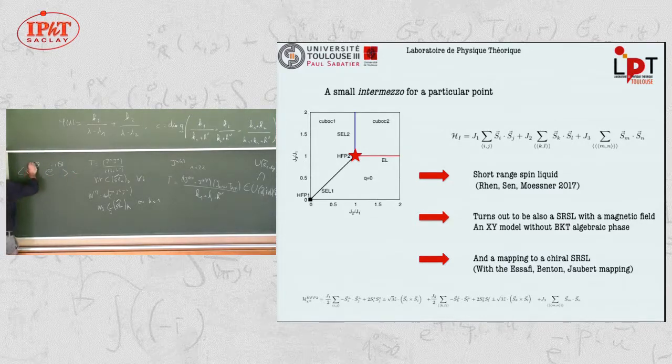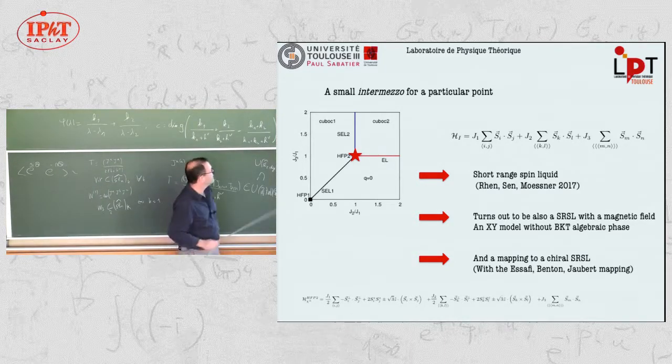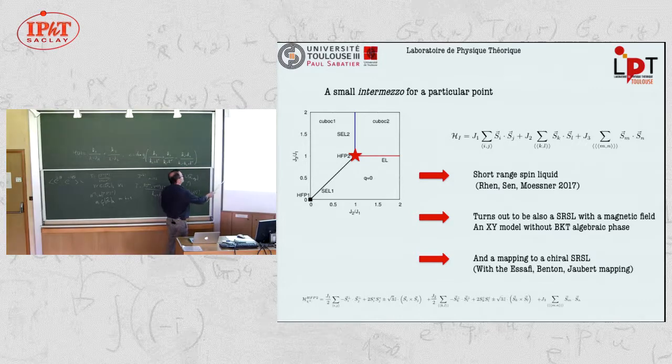But if you do this, well, let me put the 3 here, this one will show algebraic correlations, okay? And this is what would basically happen all along this line and also this line. But at this point, we claim that there is no quantity like this that would show algebraic correlation, short-range correlation for everyone. Okay, this is a curiosity that is not quite related to what I'm going to say next, but just in passing.